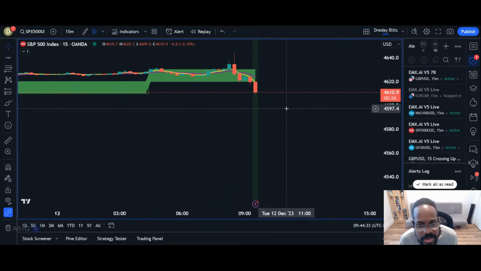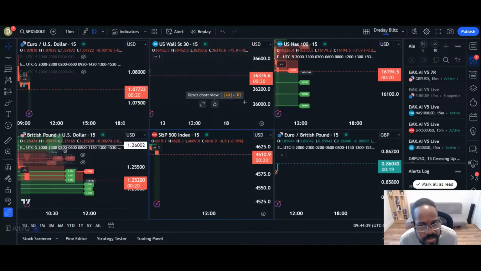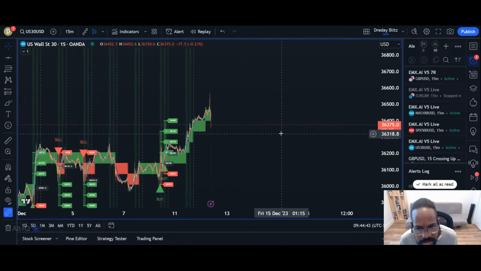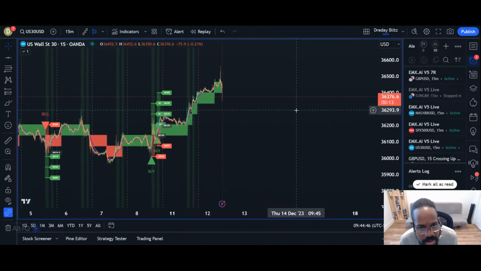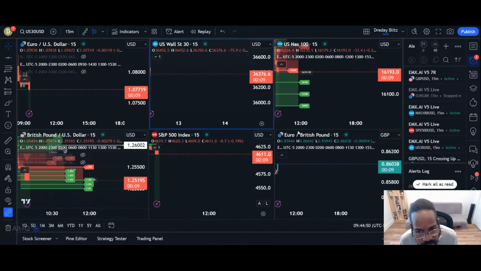So S&P 500, still looking bearish here. So far, Nasdaq had a sell, starting to retrace a little bit on US 30.